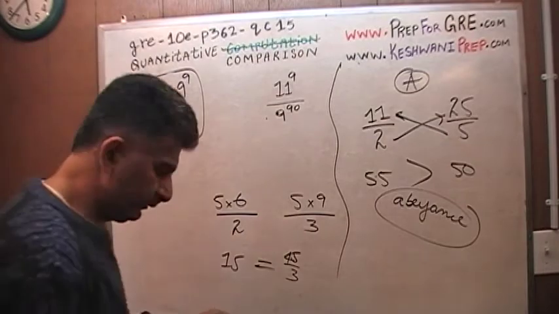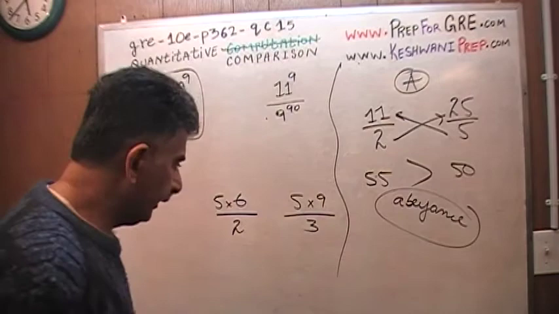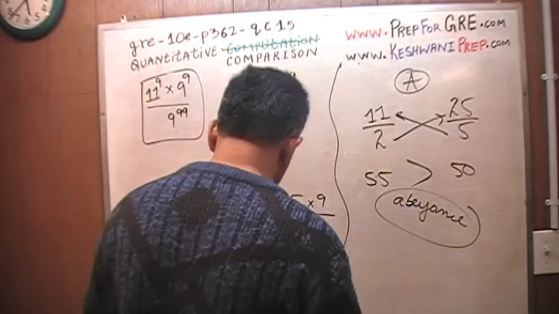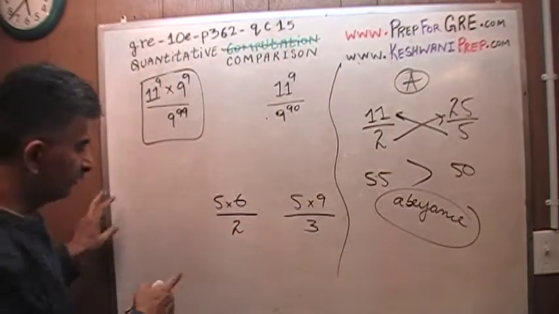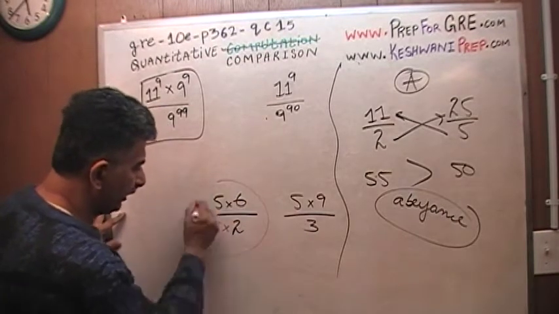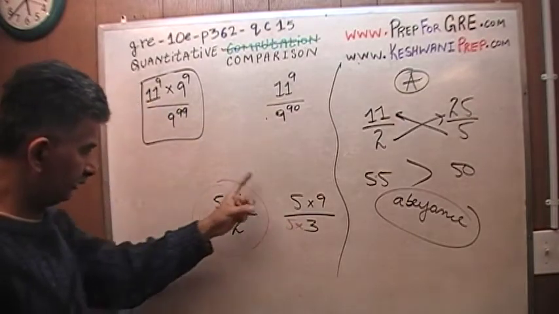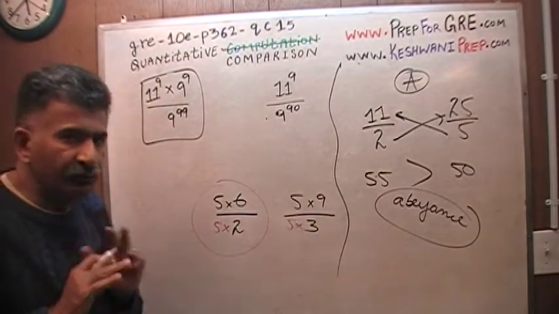Now watch what happens. I'm going to divide this quantity by 5. And since I'm dividing this quantity by 5, I have to divide this quantity by 5, which is also perfectly allowed.